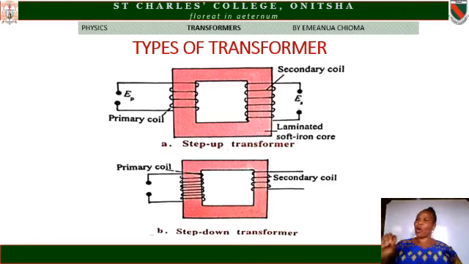What the transformer does is, when the current is received very high from the supplier, it is now stepped down so that it can now be normal for usage in our homes. But when this current is too low for usage in the homes, the transformer also steps the current up. So that is what the transformer does. It either steps up the current when it is low, or steps it down when it is high.